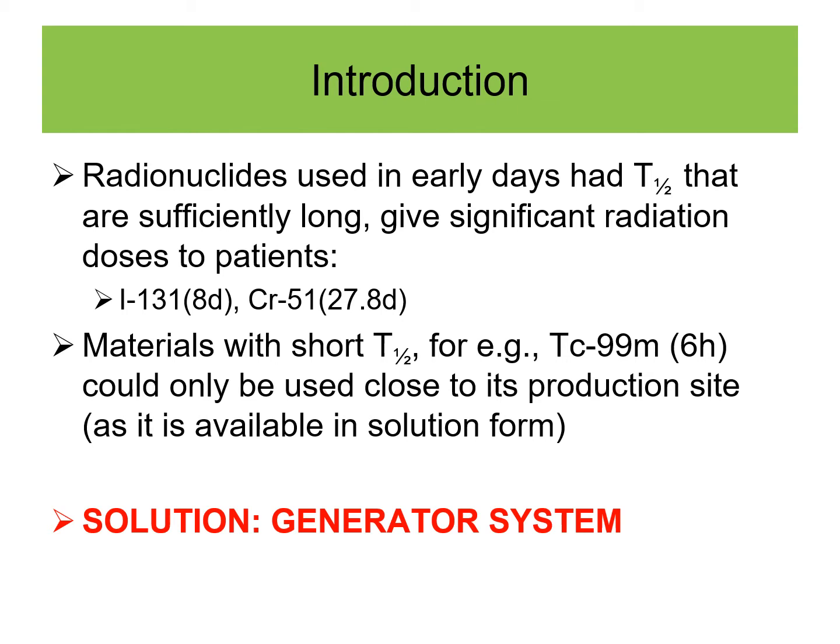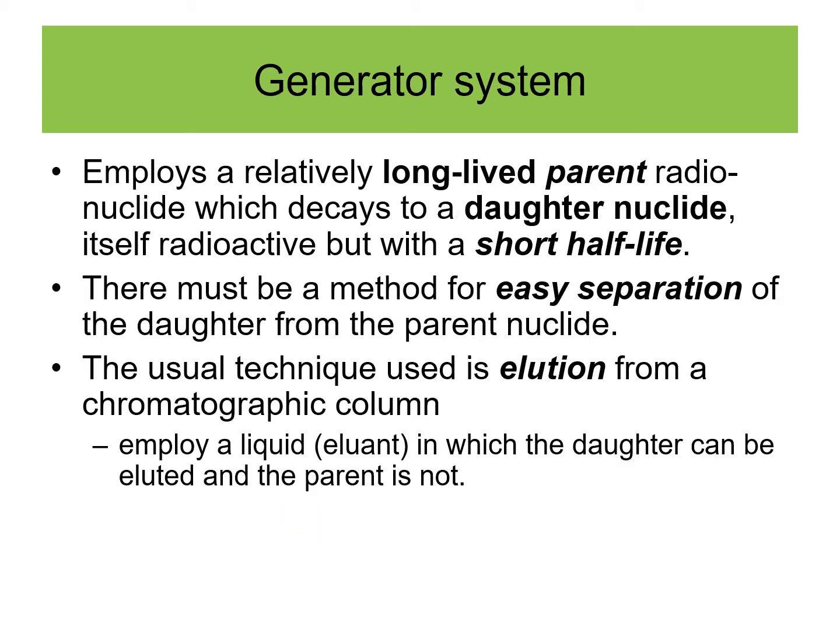A solution to this challenge was overcome later on through the development of the generator system. In a generator system, the long-lived parent radionuclide is loaded onto the column, and it continuously decays to the daughter nuclide, which has a much shorter half-life.